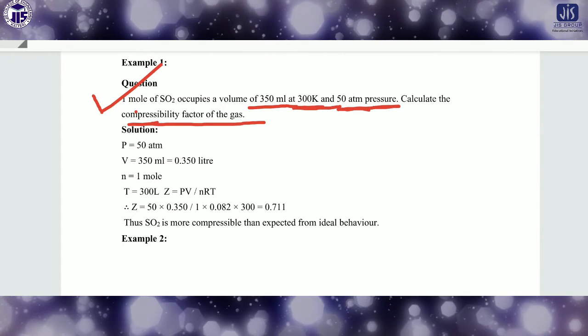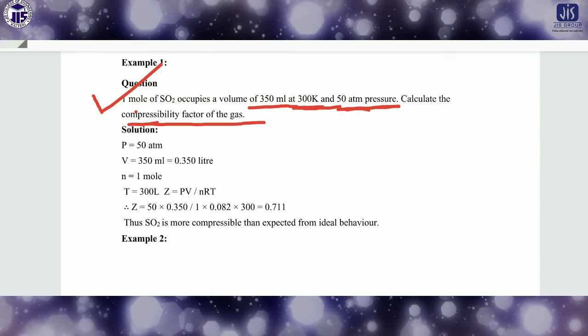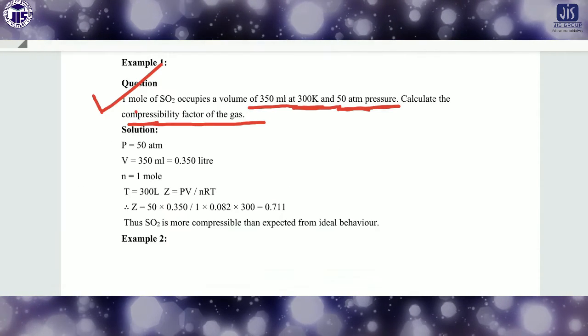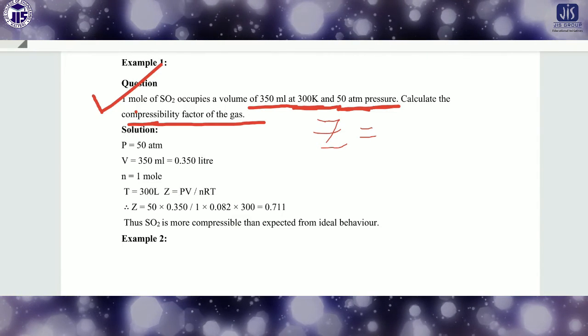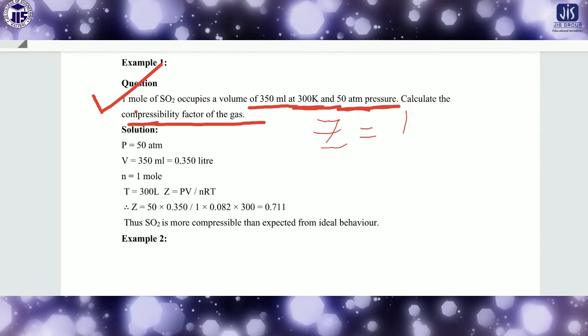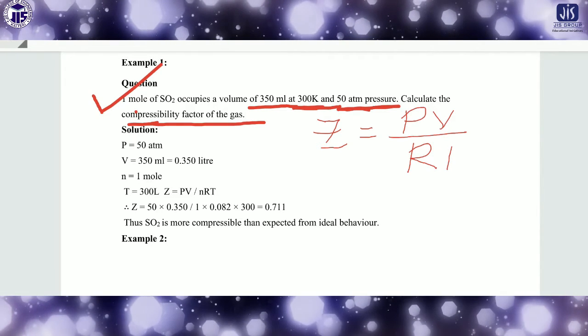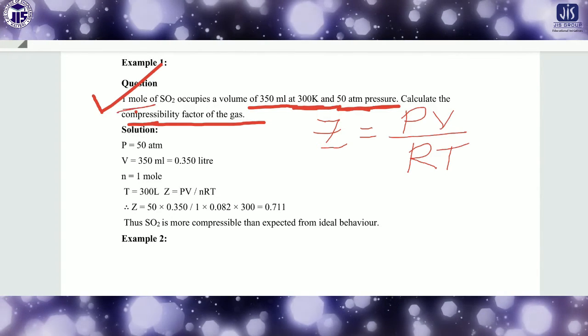Calculate the compressibility factor of the gas. As I already discussed, the compressibility factor Z equals PV divided by RT for 1 mole of gas. If there is any mole, here it is 1 mole, so we can use this expression.